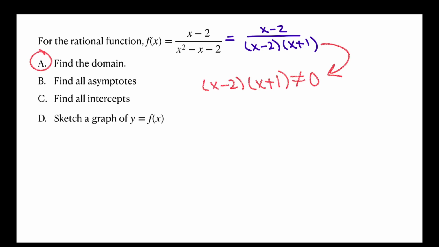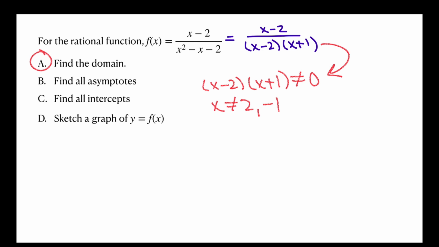To find my domain, I know that the denominator can't equal 0. Division by 0 is undefined. So I'm going to take that denominator and set it not equal to 0. Since I've already factored the denominator, I can solve by setting each of those factors to 0, and I know then that x cannot equal 2 or negative 1.